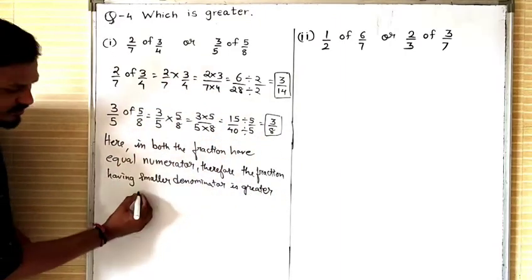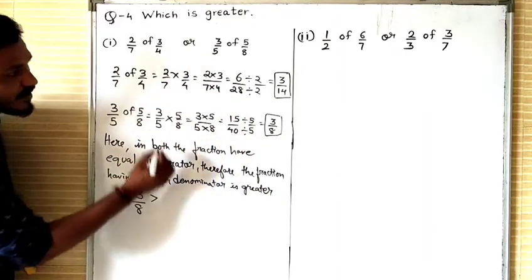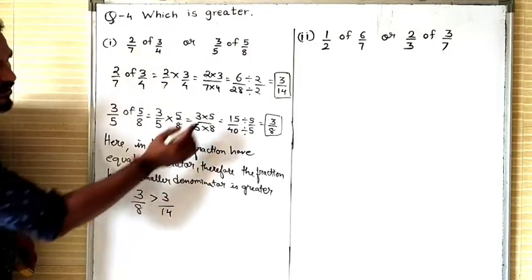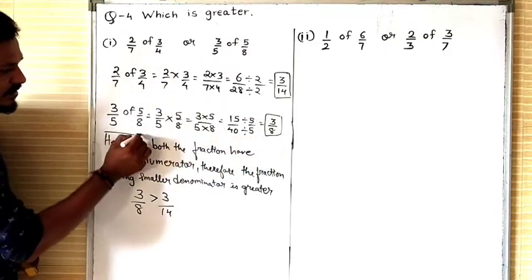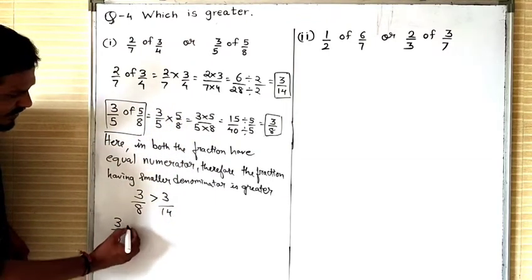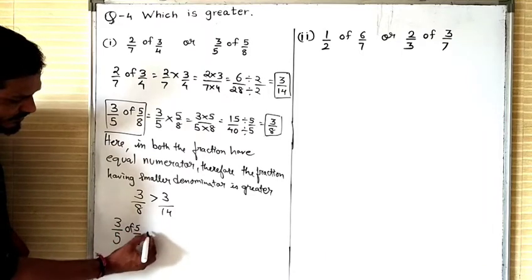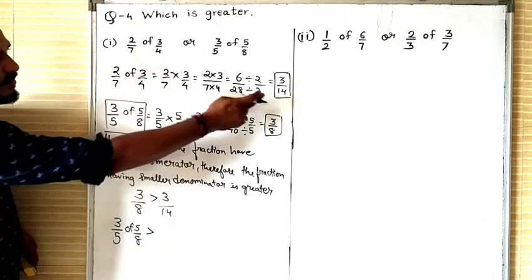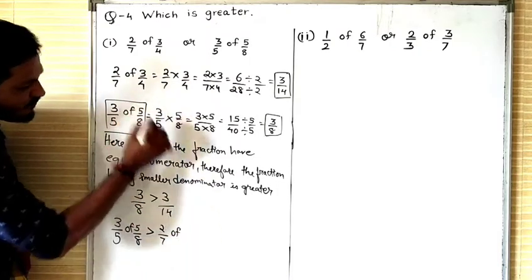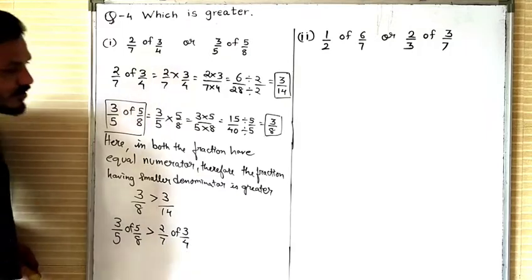That means what? 3 by 8 is greater than 3 by 14. That means what? 3 by 8 means this value, so 3 by 5 of 5 by 8 is greater than 3 by 14 means this value, greater than 2 by 7 of 3 by 4.